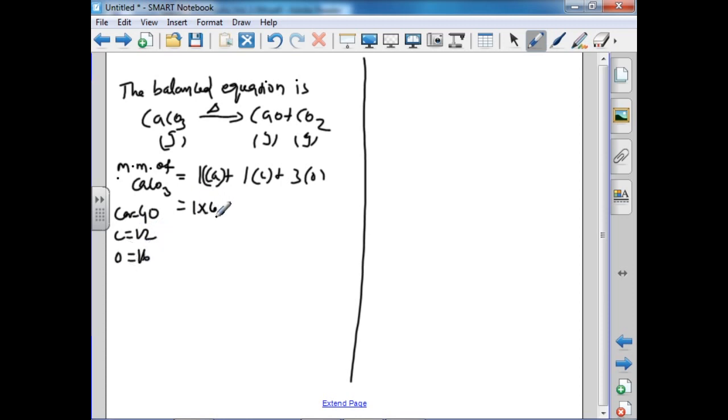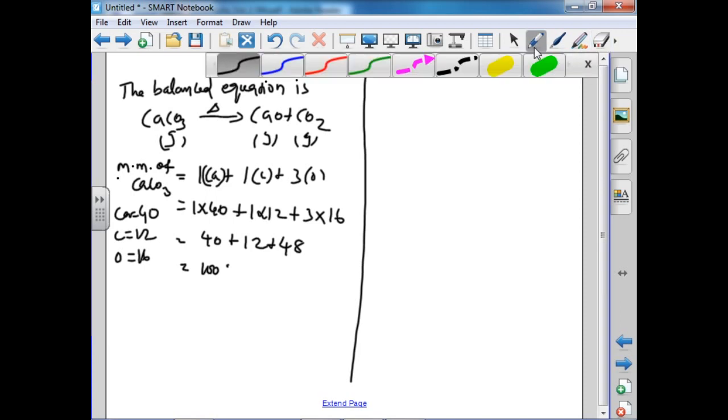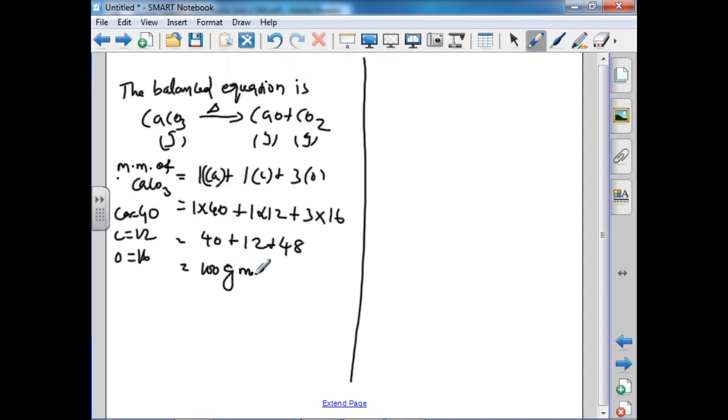So 1 into 40 plus 1 into 12 plus 3 into 16 equal to 40 plus 12 plus 48 equal to 100 gram mole inverse of CaCO3.